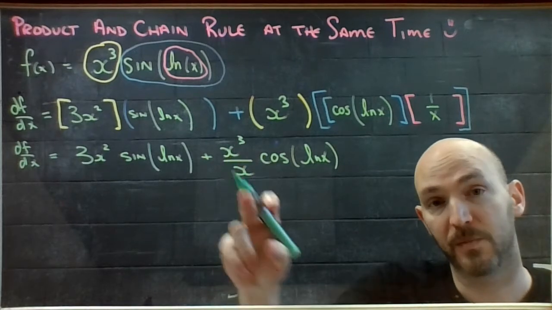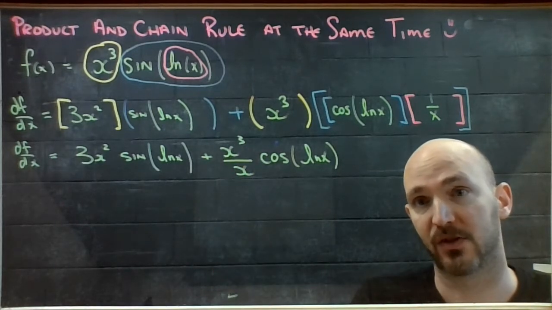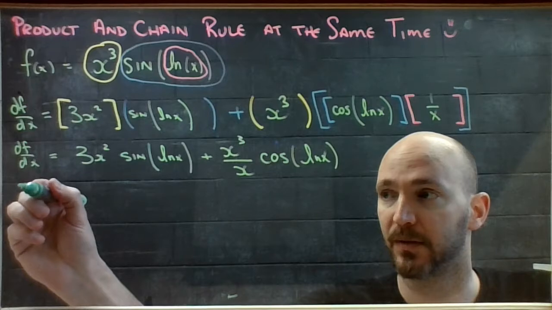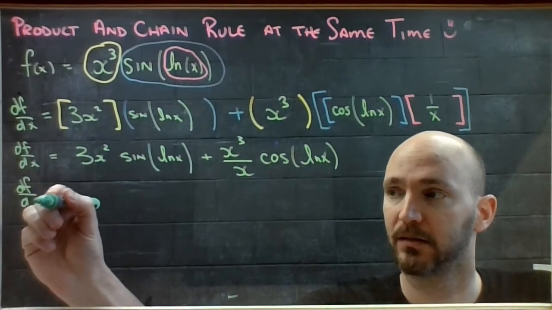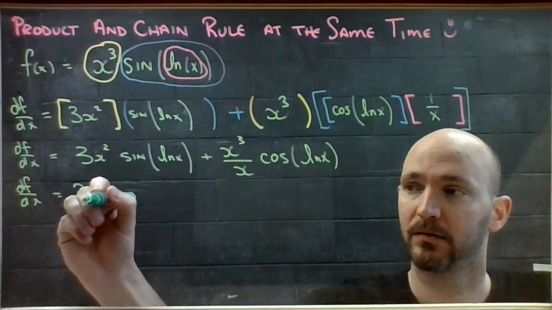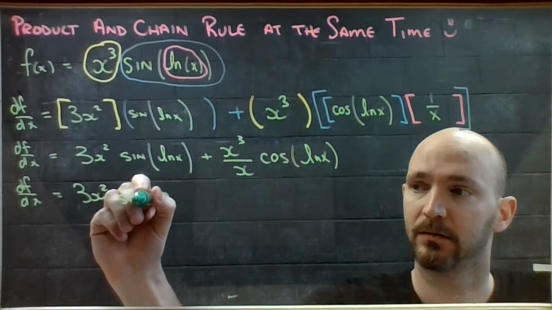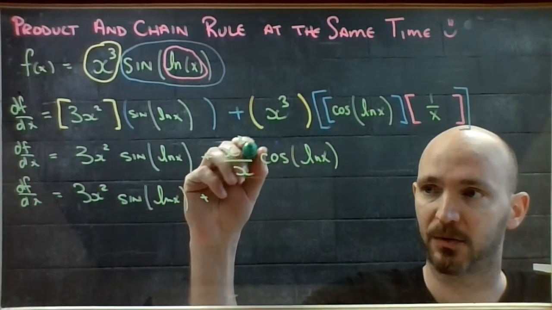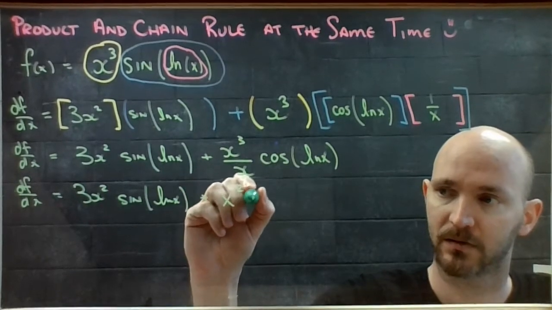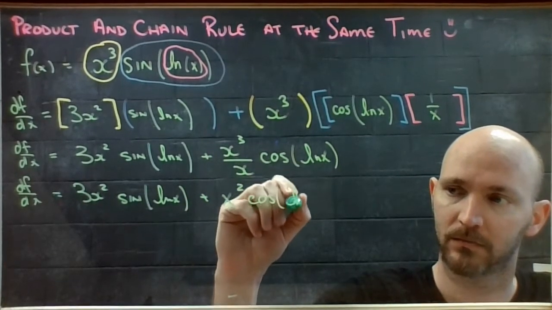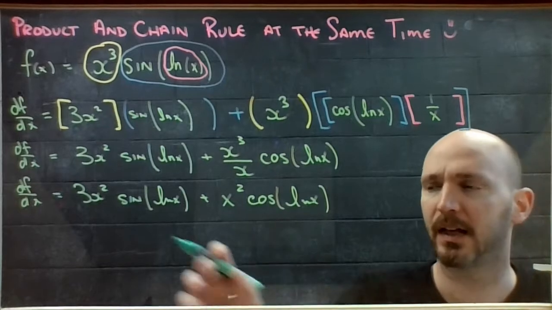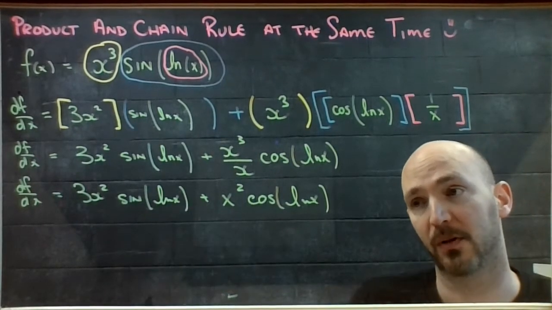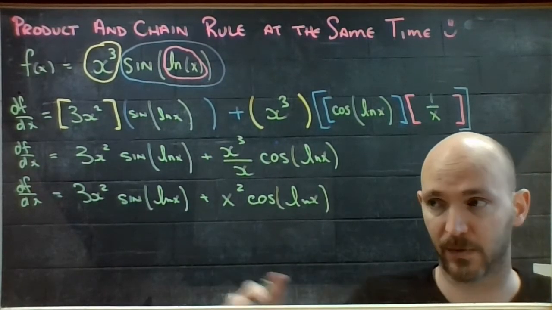Well, an x cubed divided by an x is just an x squared. So let me write that down here. x cubed divided by x is x squared. And I have an x squared in both terms, so I'm going to factor that out as well.